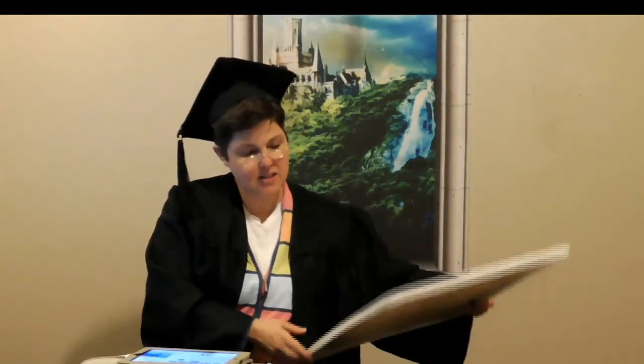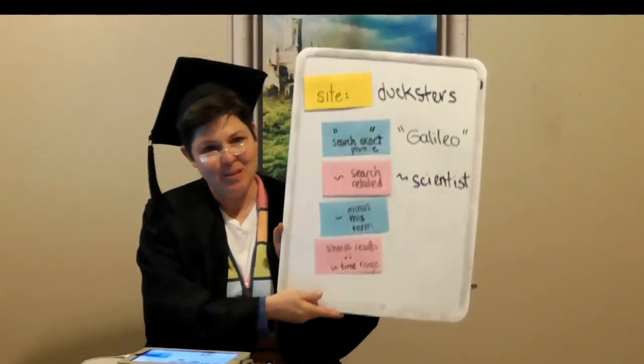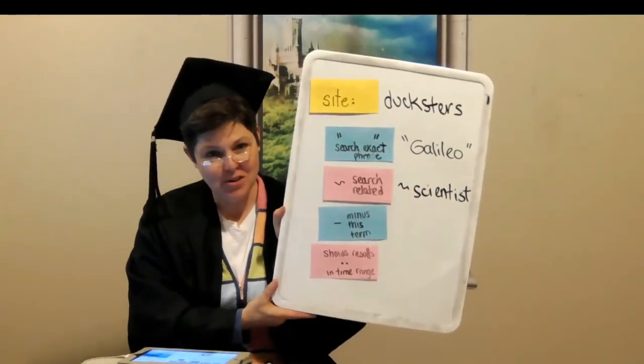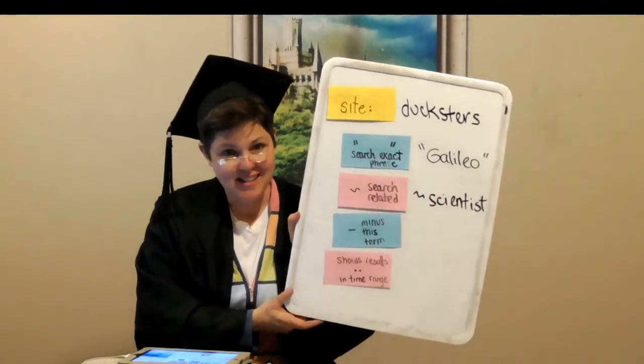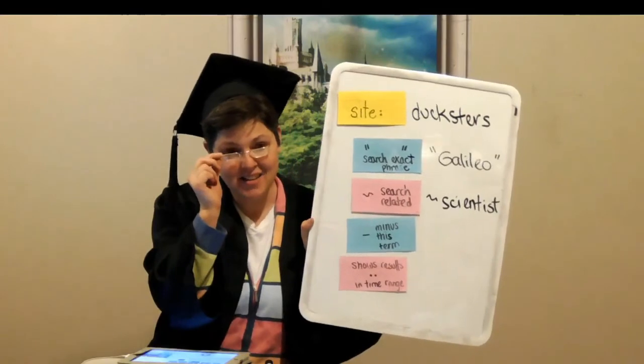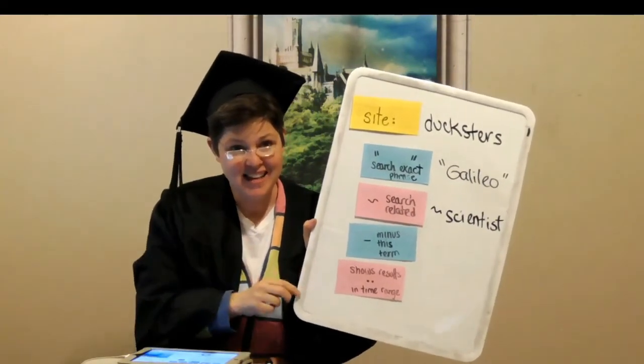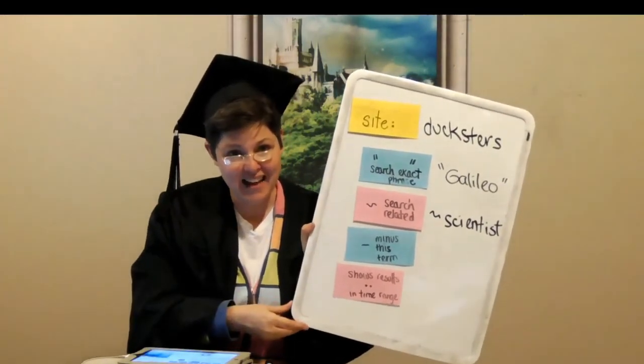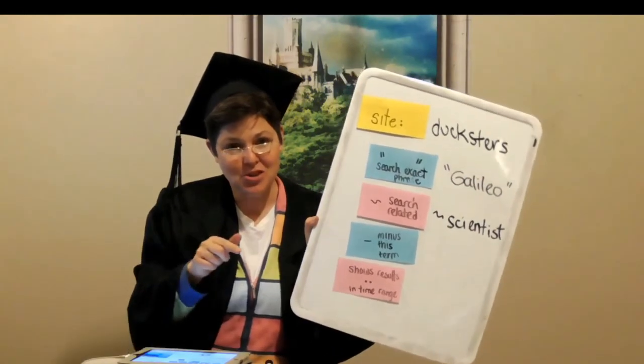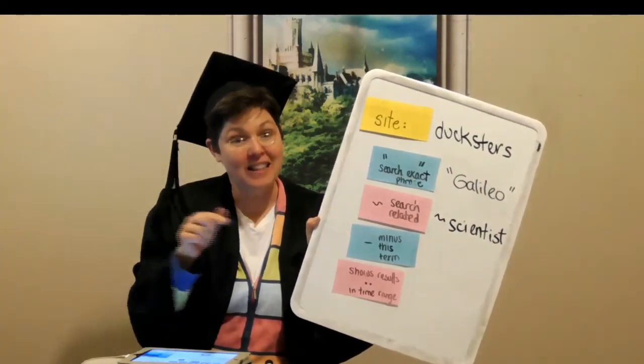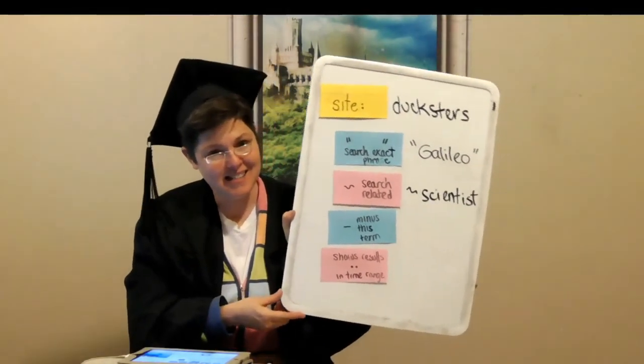I don't think we have any minus terms. But I want you to perform this search on Ducksters. Use the site, then Ducksters, and then quotes, Galileo. Unrelated terms include scientist.